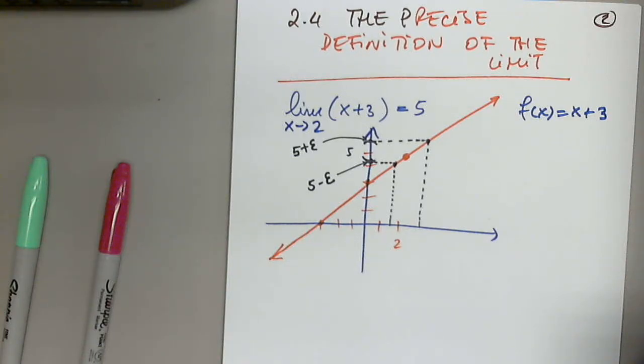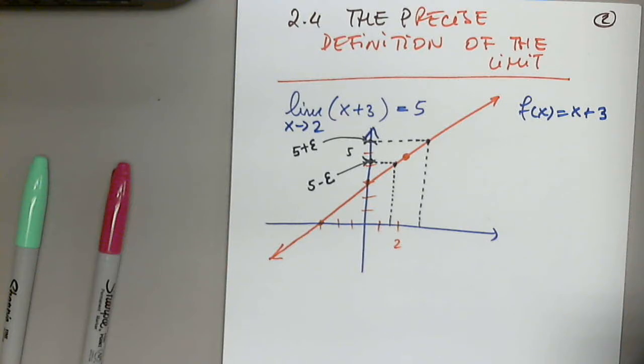Would you agree that no matter how small I make this epsilon, I can make it 0.1, 0.2, 0.5, how small or how large, I will always be able to, corresponding to that epsilon, find an interval around 2? Would you agree? Because the limit exists, right?